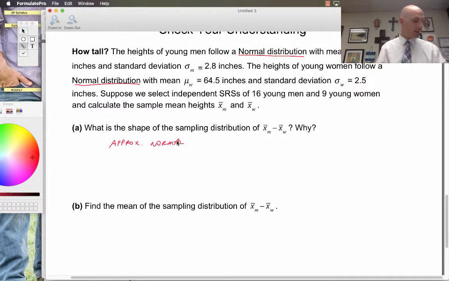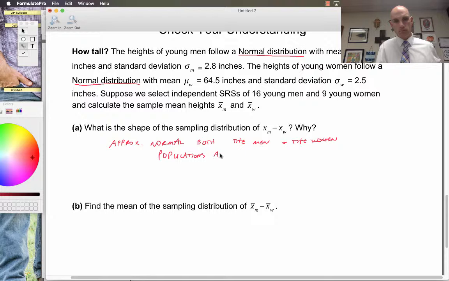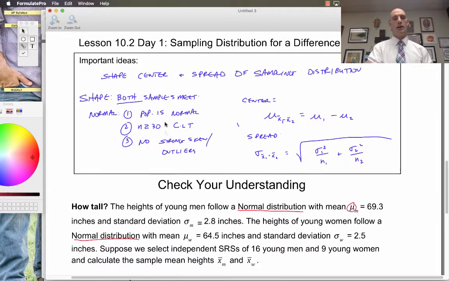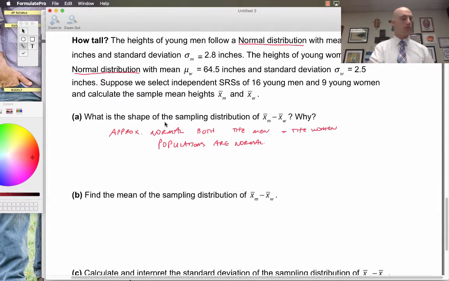Because both the men and the women populations are normal. Because both of them are normal, it meets one of these conditions up here: either the population is normal or the sample size is greater than 30. In this case, both are normal, so it's normal.